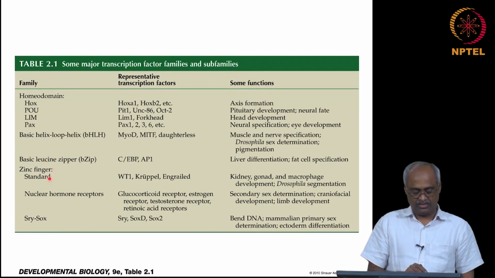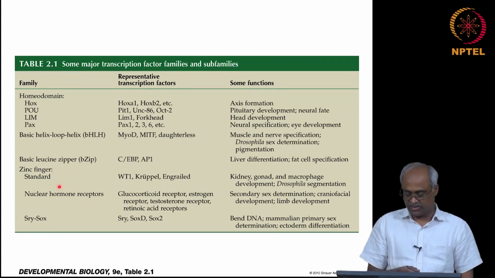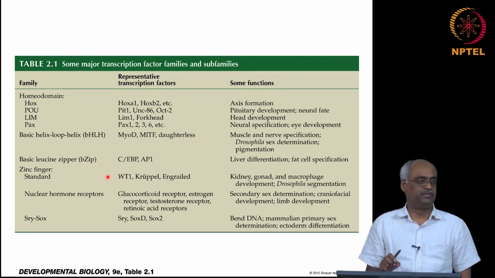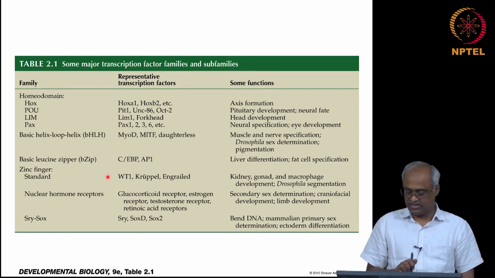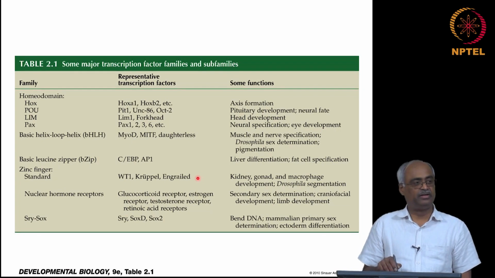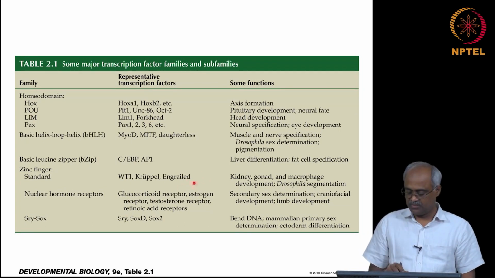And then you have the zinc finger motifs. These were historically discovered much earlier than the others. These coordinate zinc, okay, and that helps in interacting with the DNA, and this is present in these proteins. Kruppel, engrailed, these were all originally discovered in Drosophila, and the names are based on the mutant phenotype, and they are expressed in these tissues.